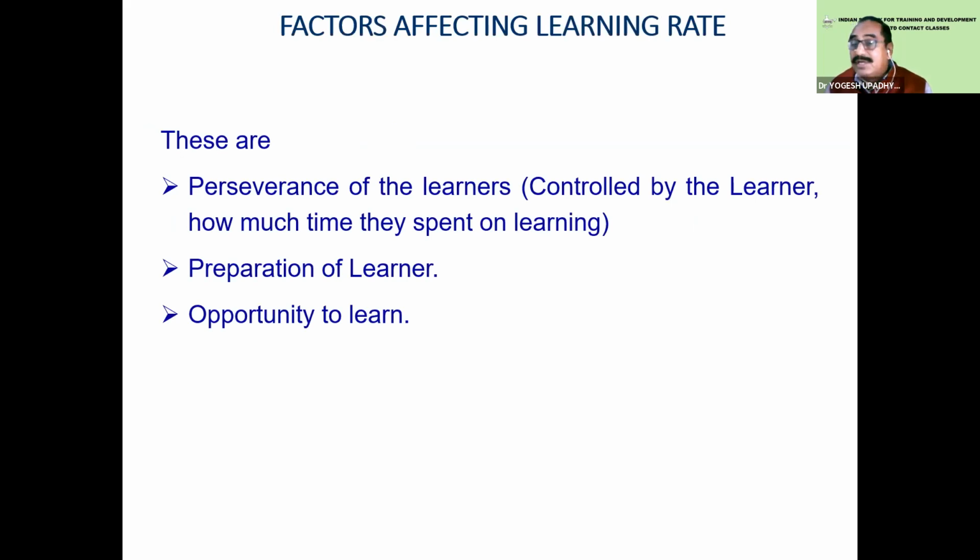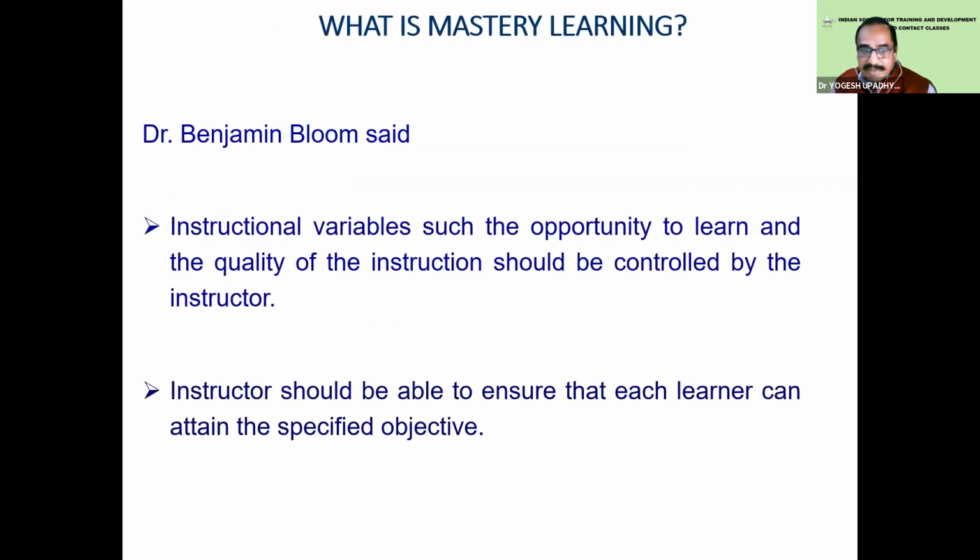Then opportunity to learn. Opportunity to learn is the time and environment we have to create. How trainers can give time, and also reflection, asking questions, judging his input, changing his seat if required, sending remedial notes in the evening if required. So instructional variables such as opportunity to learn and the quality of instruction should be controlled by the instructor.